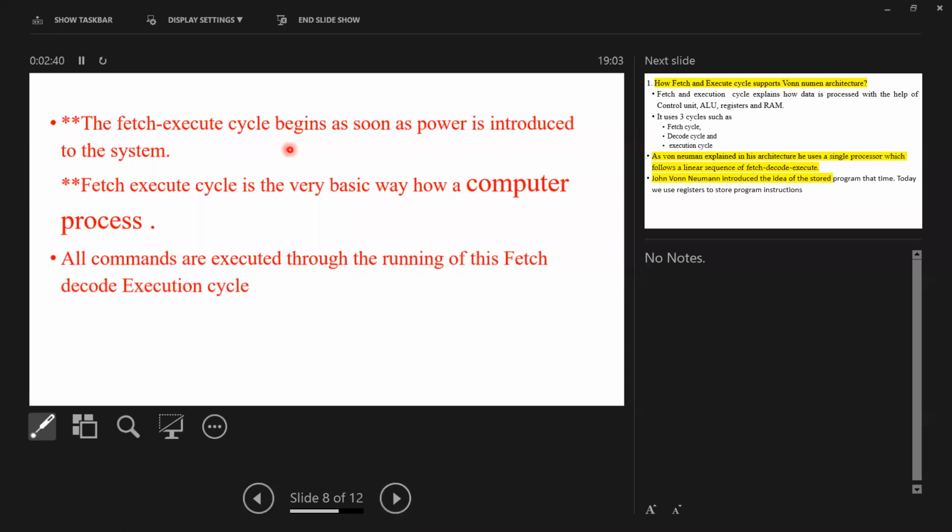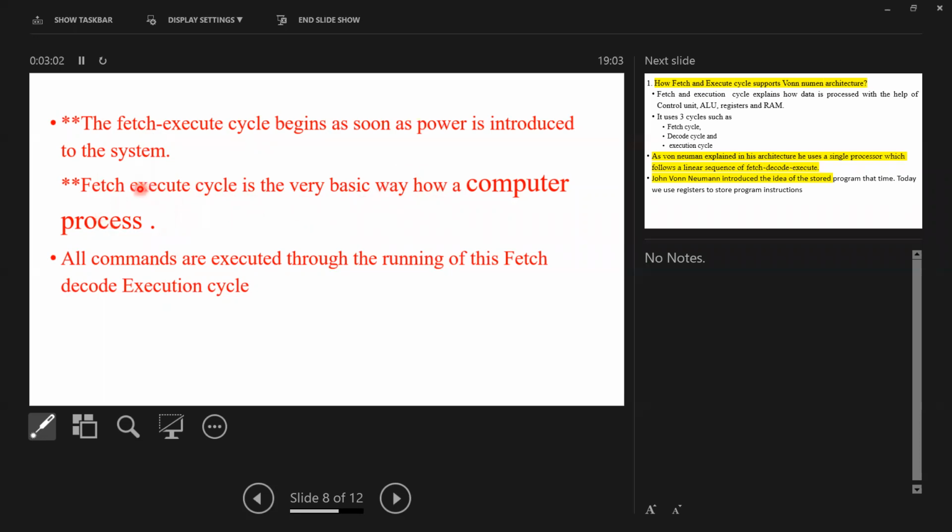The fetch execute cycle begins as soon as power is introduced to the system. So when we switch on the computer, the fetch execution cycle is ready to start. That means ready to do some process. The fetch execute cycle is the very basic way the computer processes.